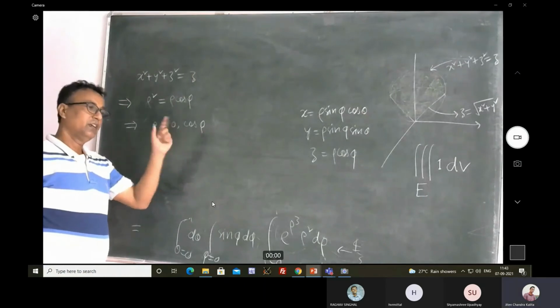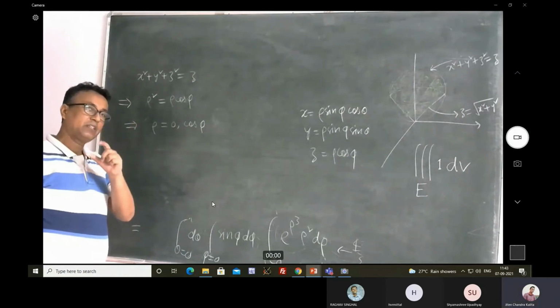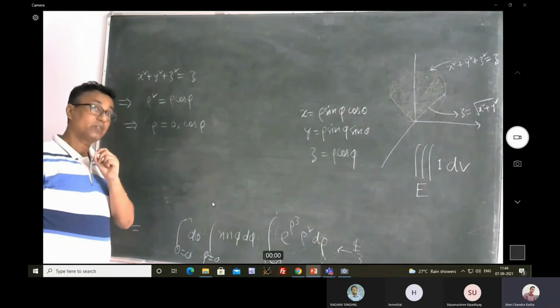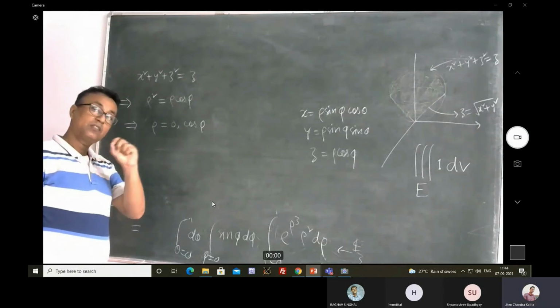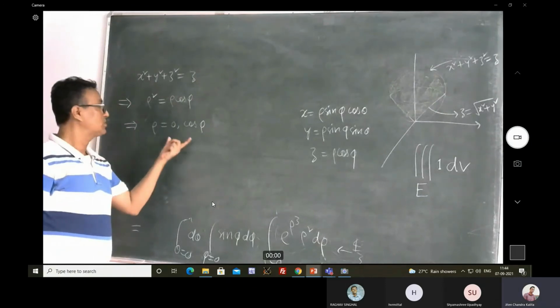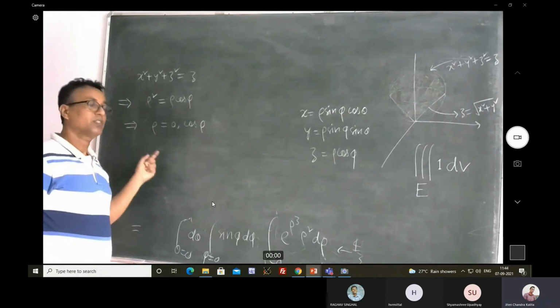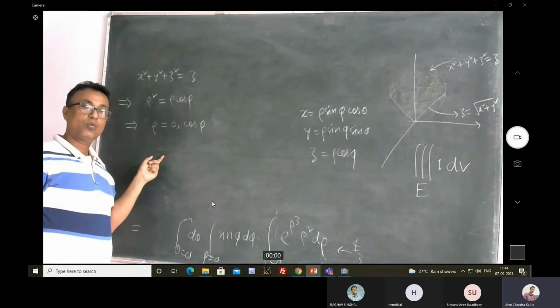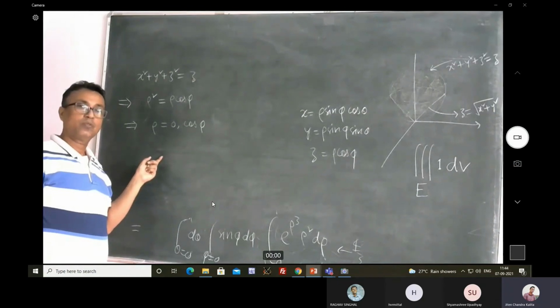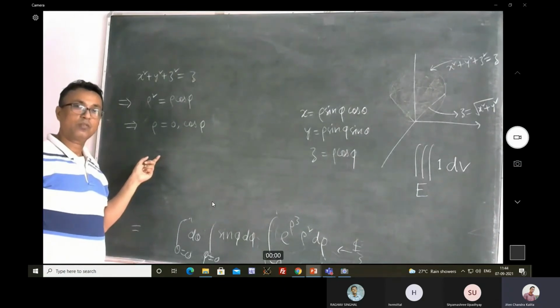Okay, fine. We considered type 1, type 2, type 3 regions in 3D space, right? So here we have already got our surfaces which are going to bound rho.